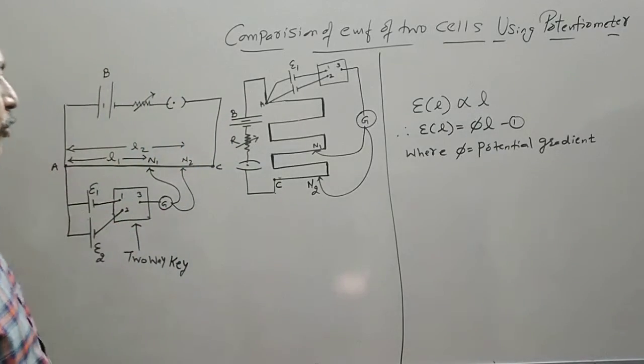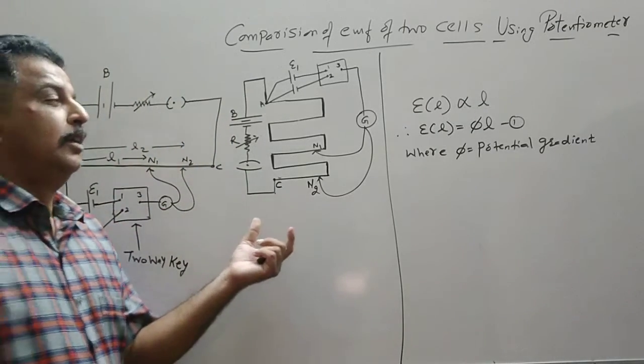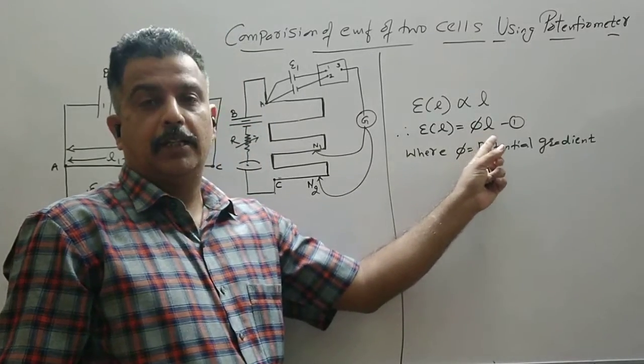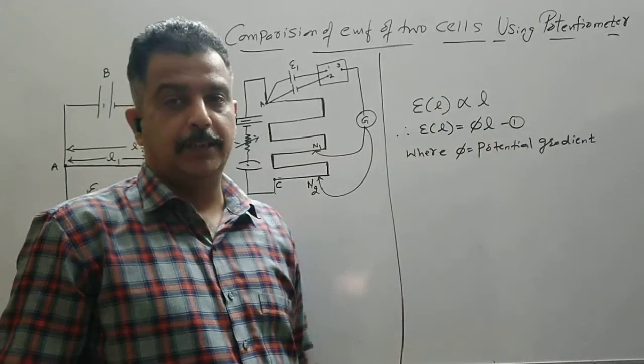So more is the length of the potentiometer wire, less will be the potential gradient.